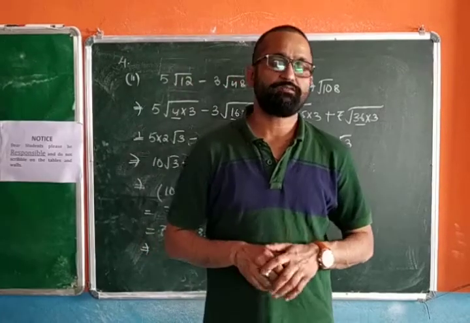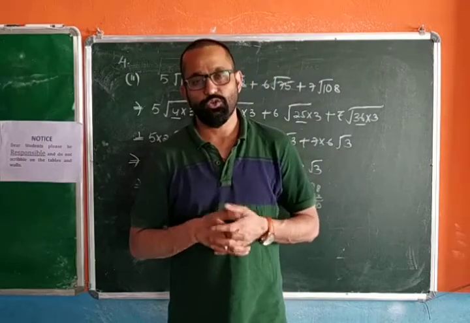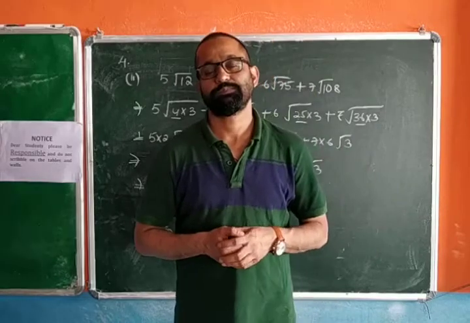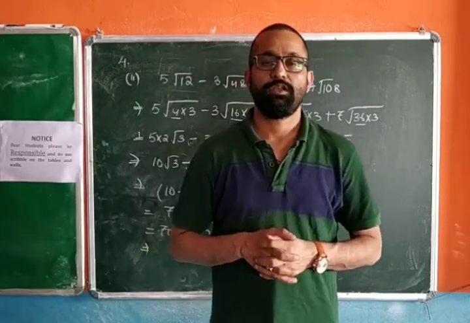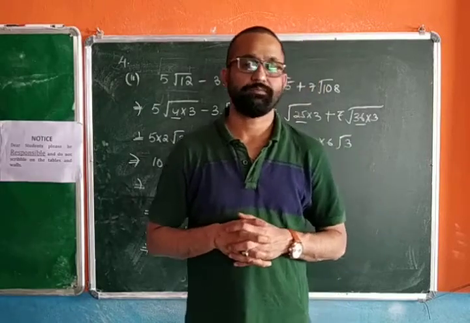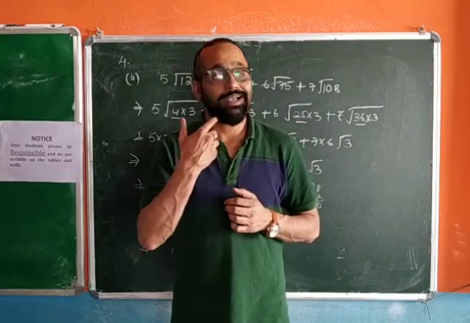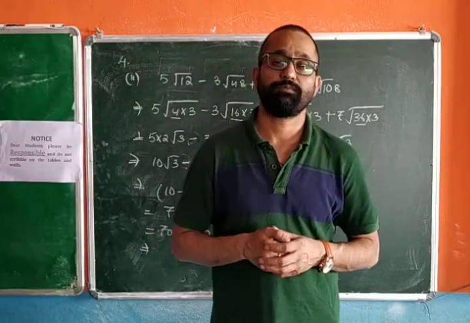The process of multiplying a given surd by another surd to get a rational number is called rationalization. Each surd is the rationalizing factor of the other surd.